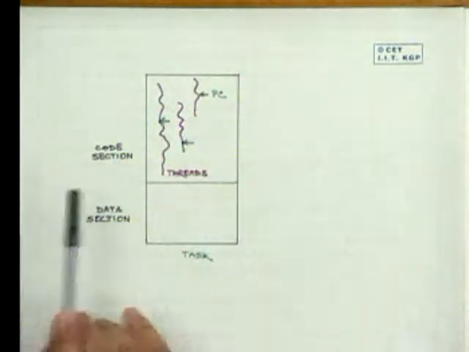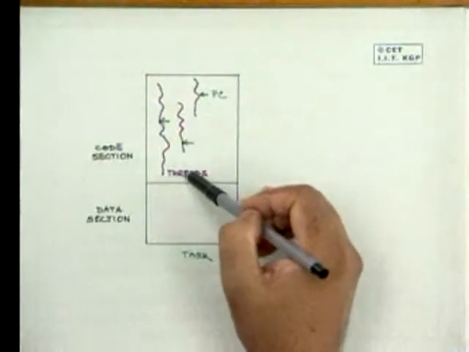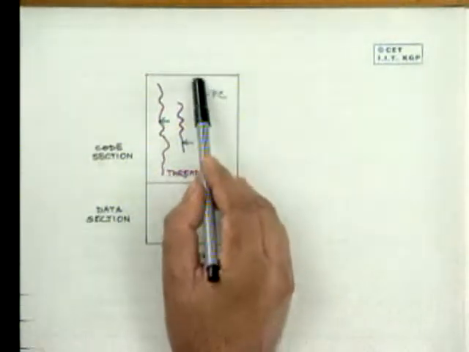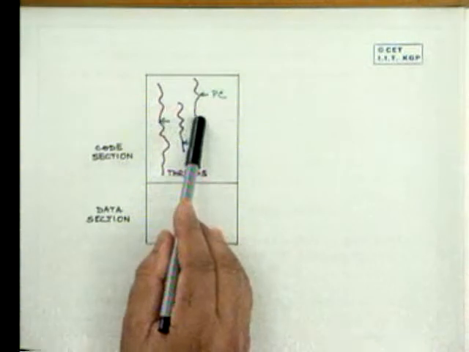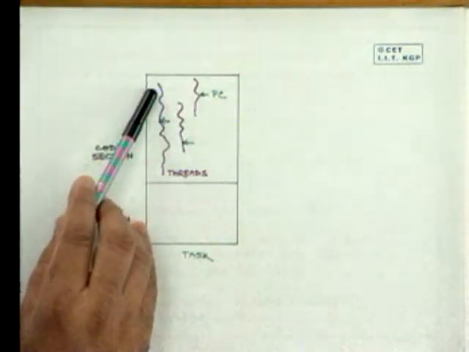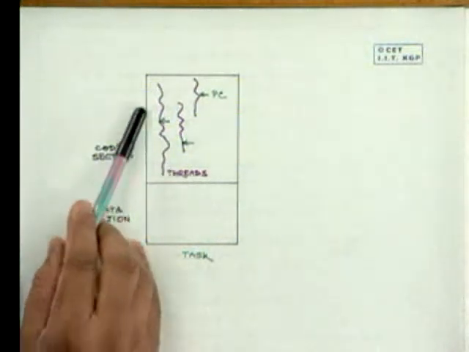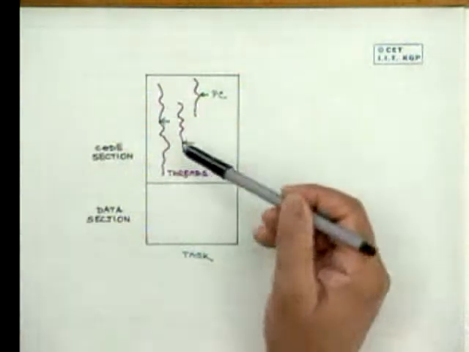For example, no memory management related information has to be saved. Since these peer threads use the same code section, the execution trace is different for different threads, depending upon which thread is executed.